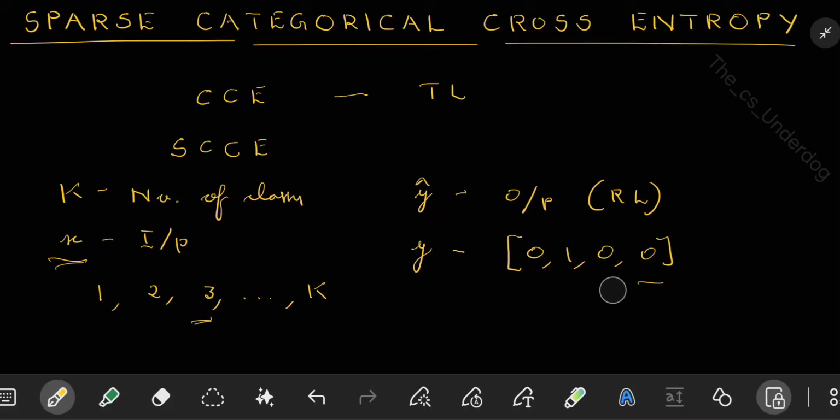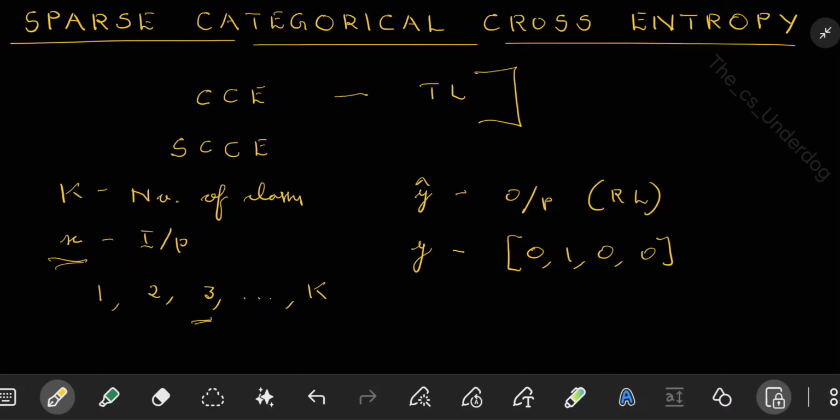This is how the true label is denoted whenever we are dealing with categorical cross entropy as the loss function. But in reality, sometimes you may have labels in this form, but sometimes you may have to deal with labels which are integers.